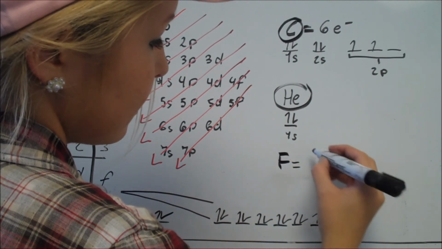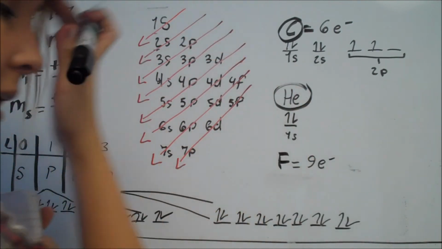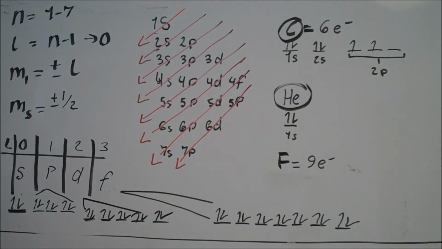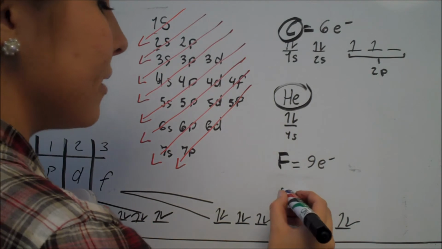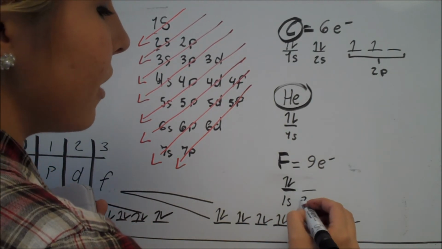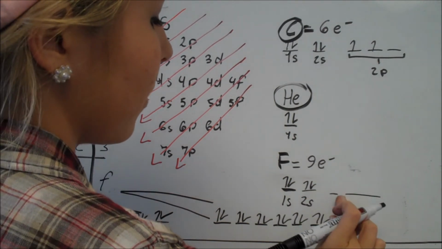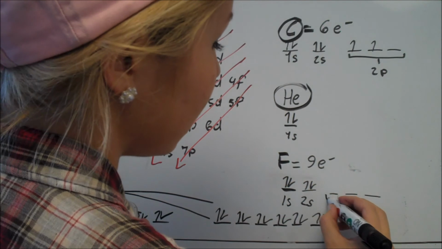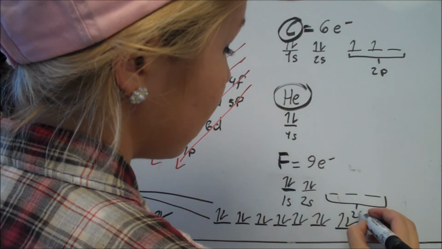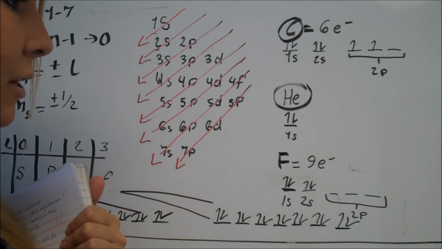Fluorine has 9 electrons. Okay, so where would we begin with this? Of course, our 1s, which would have 2 electrons. Our 2s has 2 electrons. And then our 2p. Okay? And we count down. We only have 5 electrons left.